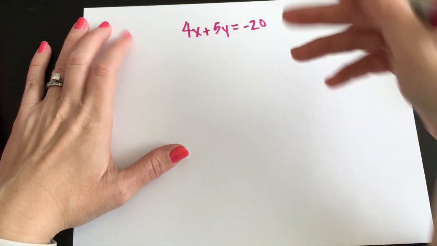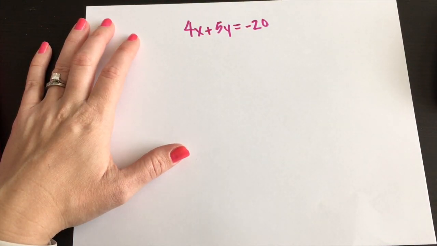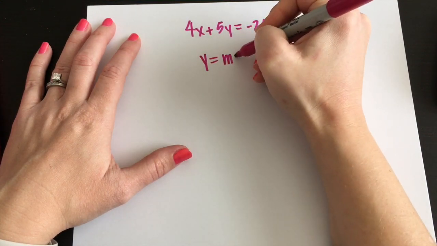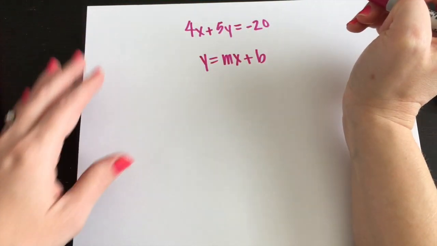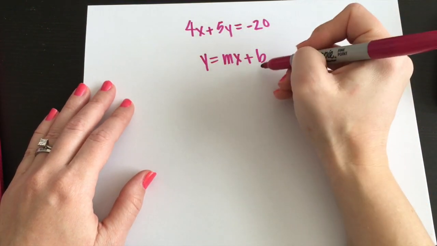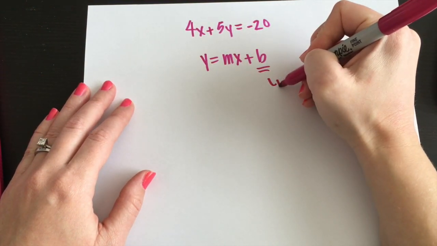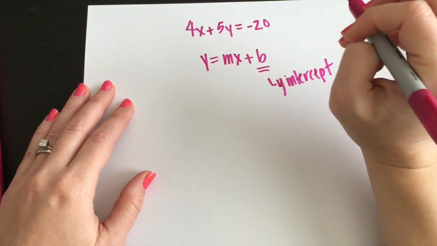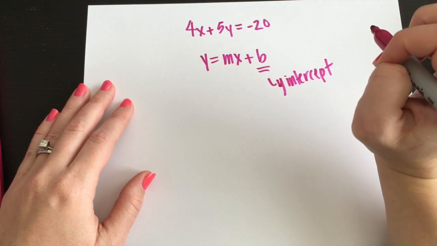That is just my preference. I'm going to put it in the y equals mx plus b format. What this tells us is the y-intercept, and that's how I think it's helpful to use it for this particular question.